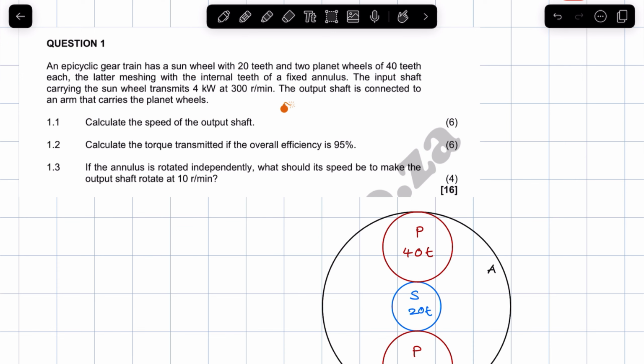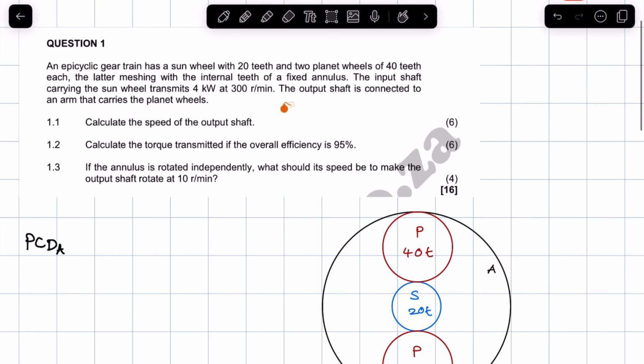But the one thing we do know, since we're looking at a typical epicyclic gear train, in which we have the annulus, the planet, as well as the sun gear, is that we can get the PCD of the annulus by adding up the gears inside of the ring gear or annulus gear. So the PCD of the annulus is actually equal to what?